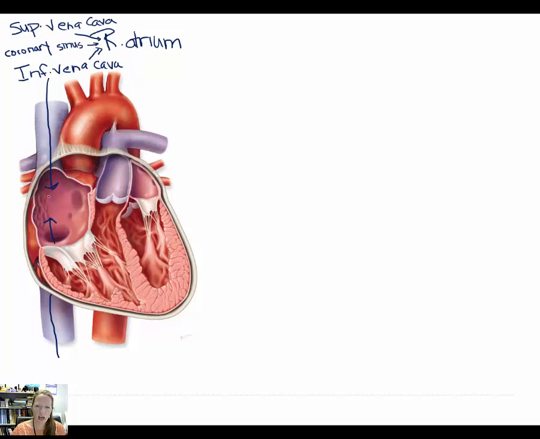All right, so now we have our blood in the right atrium, and we are ready to move it to the next part of the heart. So that's another thing that atria do. They are going to deliver blood to the ventricles, and so it's going to deliver to the right ventricle. You see, it has to pass through a valve first, though. So valves, I like to refer to them as doors because they are going to be open or closed.